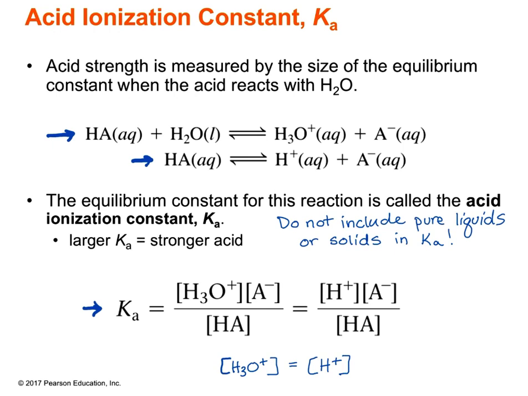So we could also write this expression as the concentration of hydrogen ions times the concentration of the conjugate base over the concentration of the original acid. And we could do the same thing for bases as well. Our expression would just include hydroxide ions and a conjugate acid instead.